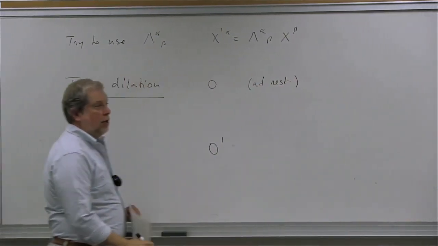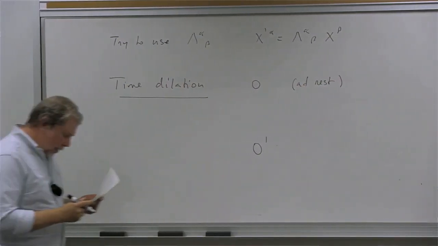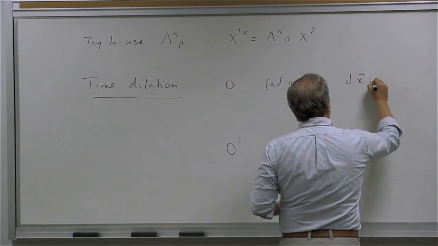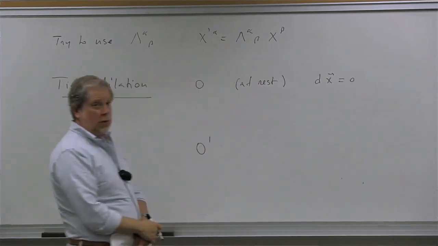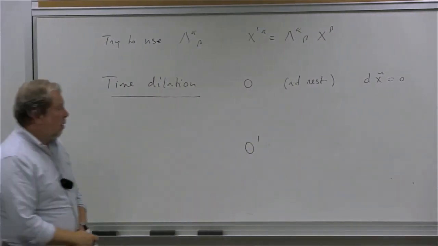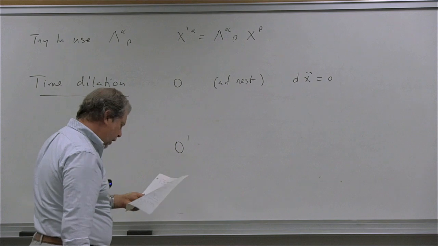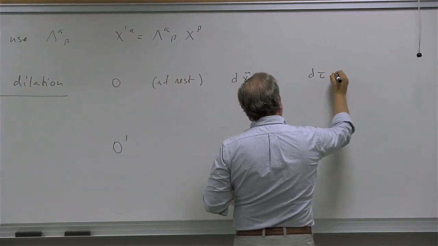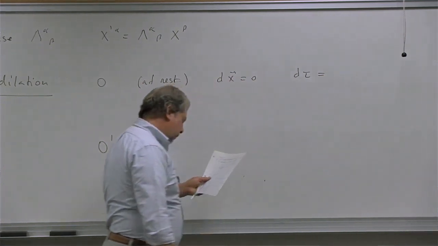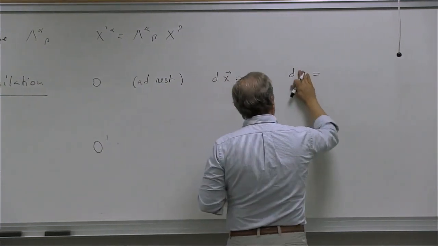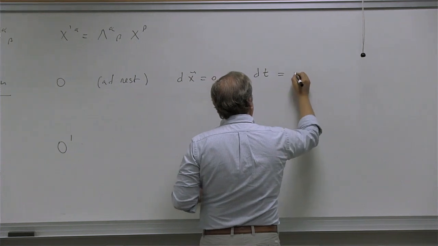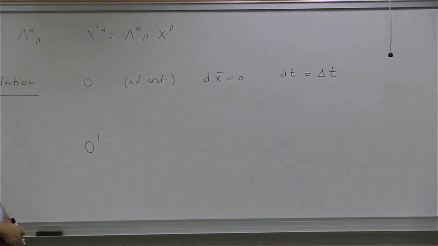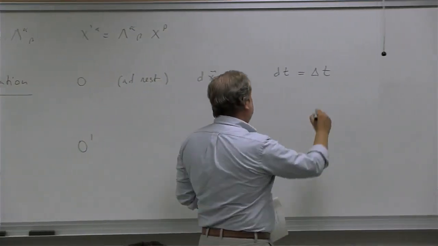So that means that its increment dx is equal to 0, because it's not moving, and its time interval, its proper time interval, dt is equal to delta t, where delta t is just the rate of some clock.